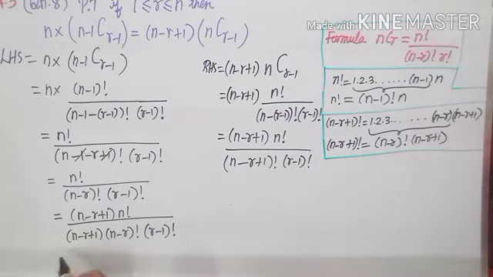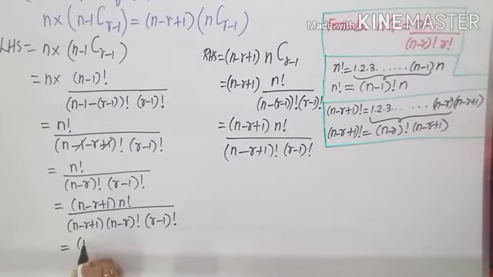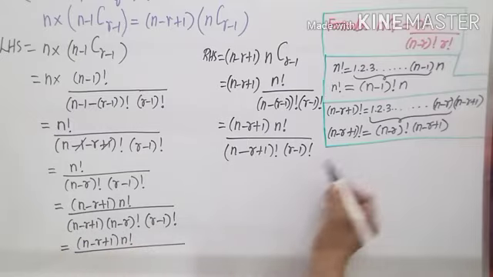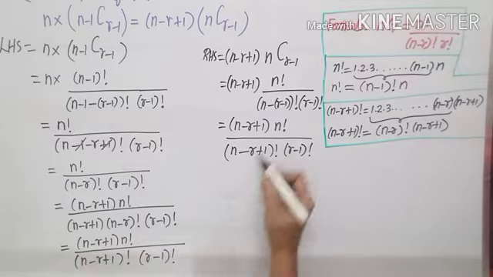Applying that here, the LHS becomes n minus r plus 1 into n factorial by, joining these two from this step, n minus r plus 1 factorial into r minus 1 factorial. This and this are equal.